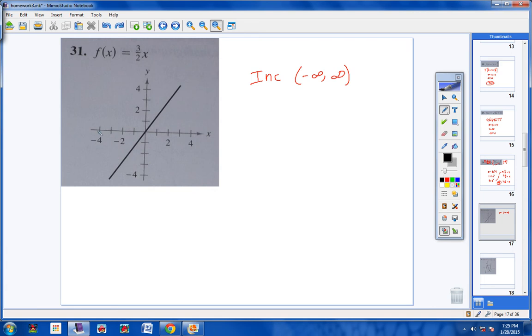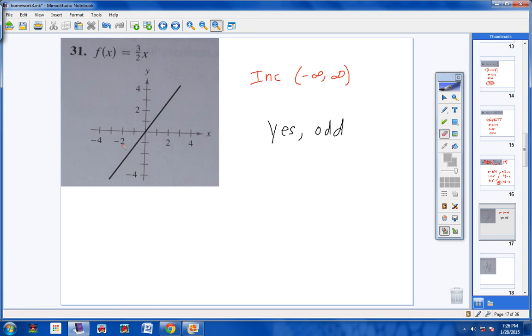For example, if I were to fold this piece of paper right here, this black line right here would then be right here. And then next, you fold the piece of paper right here on the y-axis, and this right here would fall right on top of this. So yes, it is an odd function, or in other words, it's symmetric to the origin.